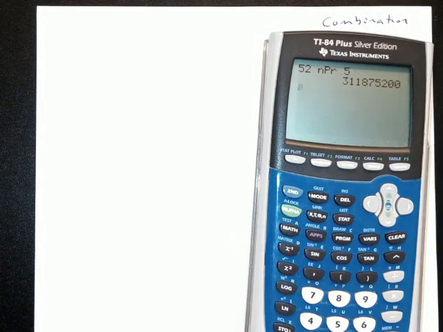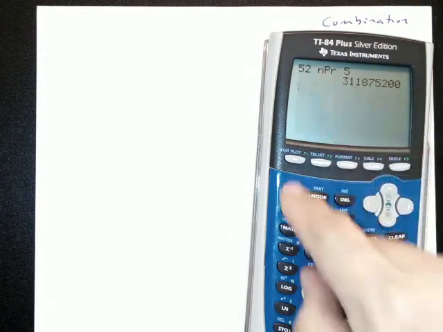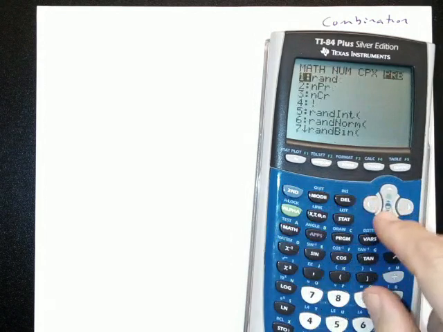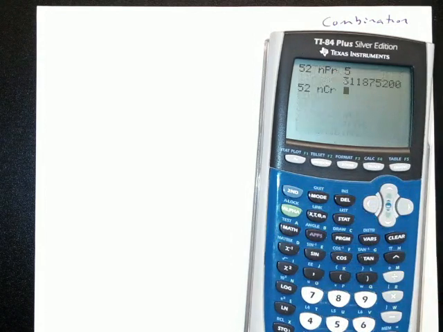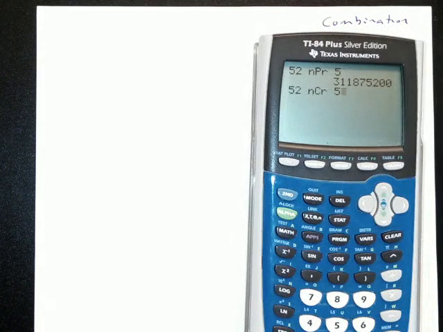But if I'm playing poker, I don't care about the order. So instead of nPr, I'll do math, probability, nCr, 5. And this is a number that people who play poker tend to end up memorizing. 2,598,960. 2.6 million different possible hands of poker.